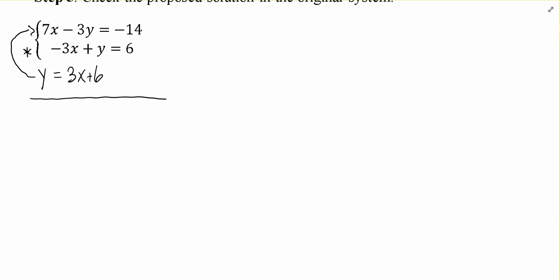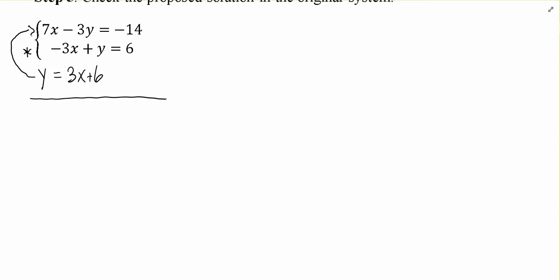So let's take a step back and see what's going on. y equals 3x plus 6. What does that mean? That means y is the same thing as 3x plus 6. They're identical. So that means anywhere in my problem where there's a y, I could replace it with 3x plus 6 because they're the same thing.